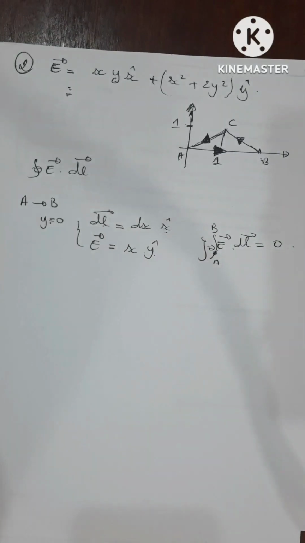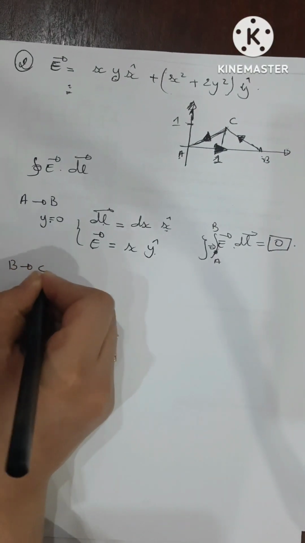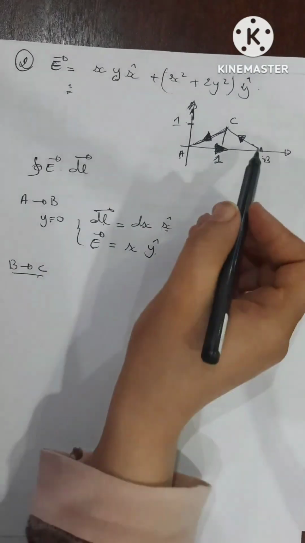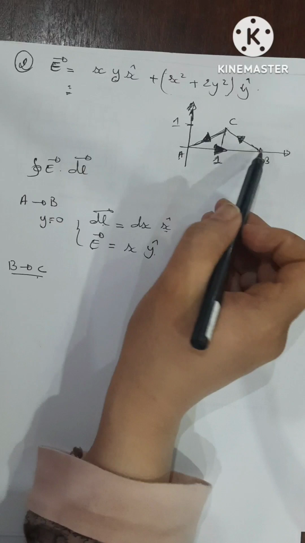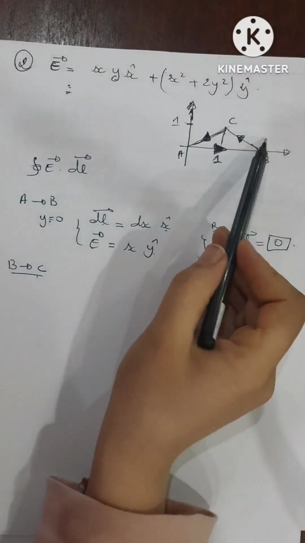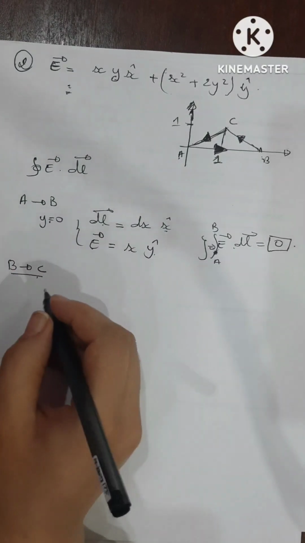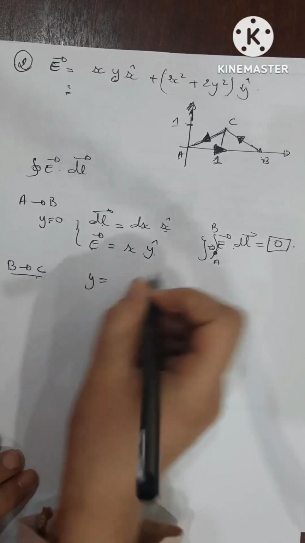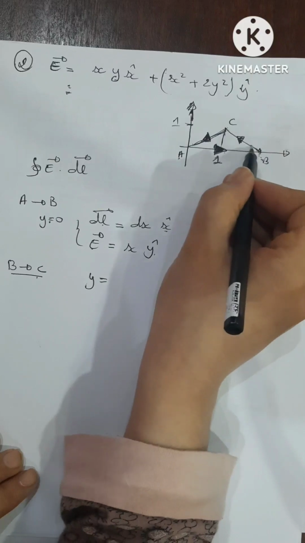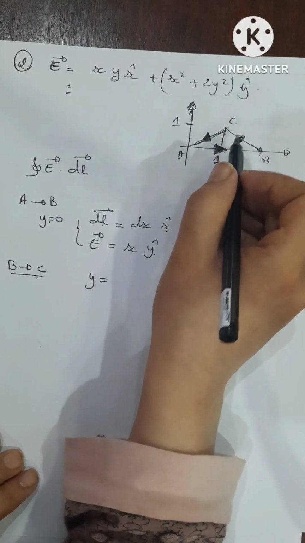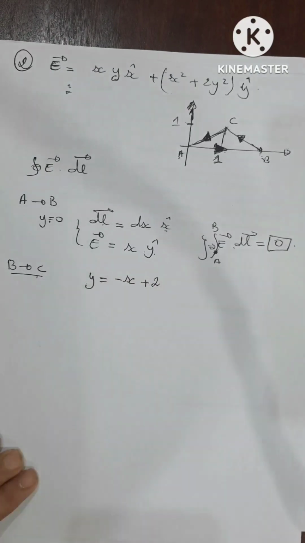Then from B to C, y is a function of x, so we have y equals 2, and we have the negative direction, so it's 2 plus 2 minus x.